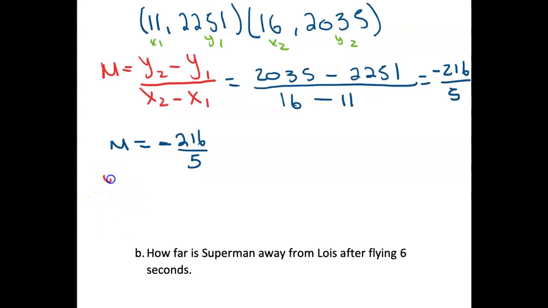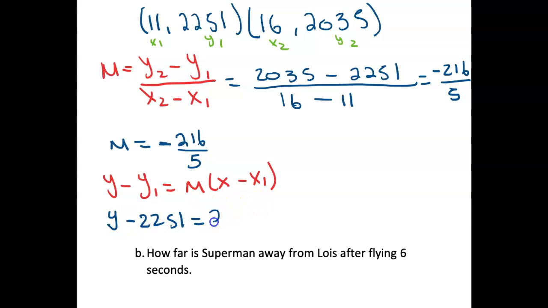So I have y minus y1 equals m times x minus x1. Okay. So using the first point, I have y minus 2,251 equals negative 216 over 5 times x minus 11.